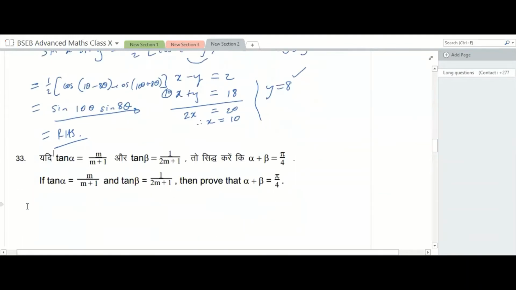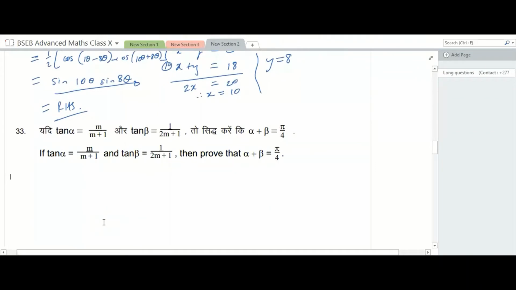Now looking at question number 33. Question number 33 says tan alpha is equal to m over m plus 1. So tan of alpha is m over m plus 1, and so the hypotenuse will be the square root of m squared plus 2m plus 1.